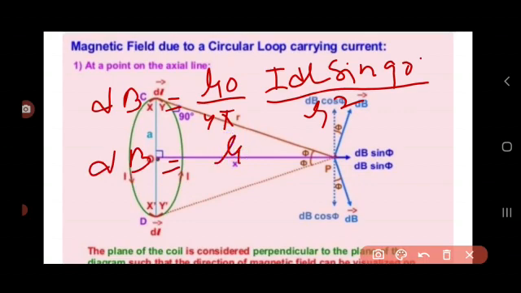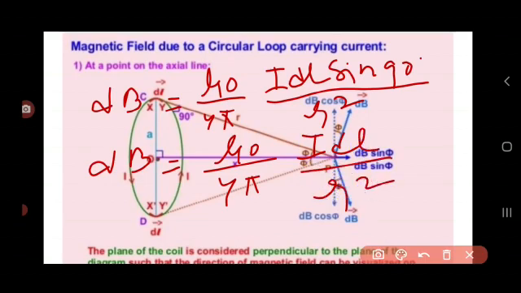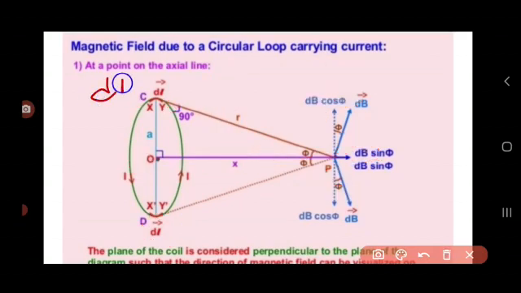Now dB is resolved into two rectangular components: dB sin phi and dB cos phi. dB sin phi is acting in this direction, and dB cos phi in this direction.